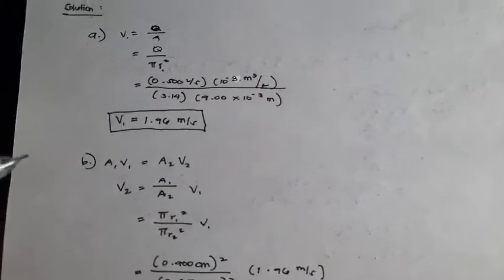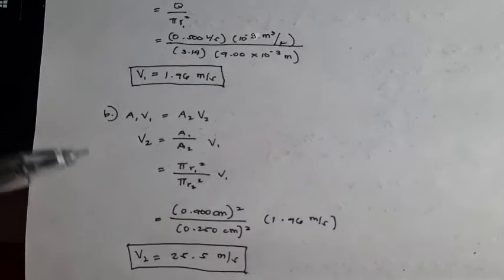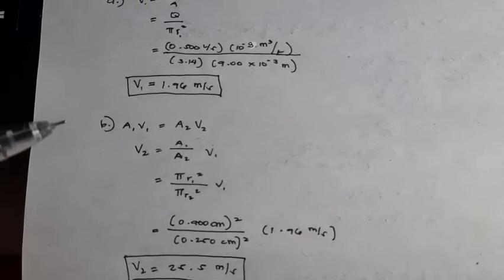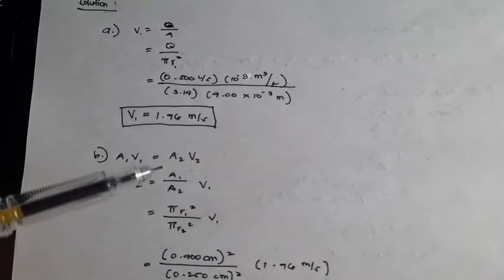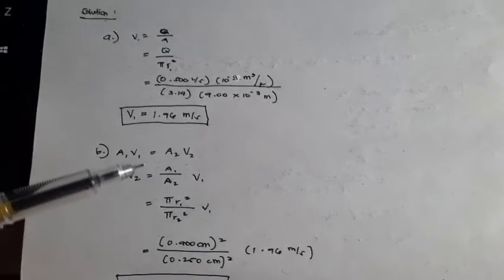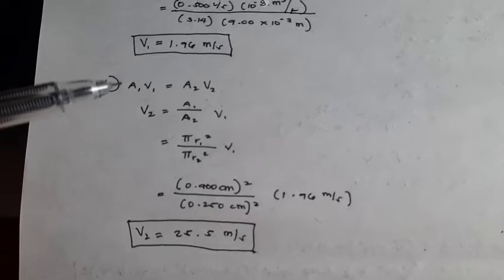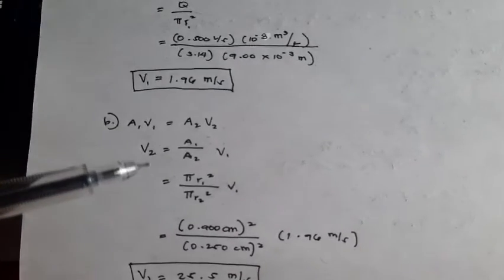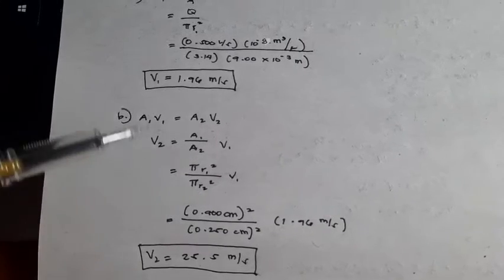So proceed ta sa letter B, or the speed of the water in the nozzle. So to get the speed of the water in the nozzle, we must use the equation of continuity. So A1 times V1 is equal to A2 times V2. Since ang speed of the water in the nozzle man ang gipangita, ato siyang ipagawas ang V2, so ato siyang i-manipulate kani nga equation.